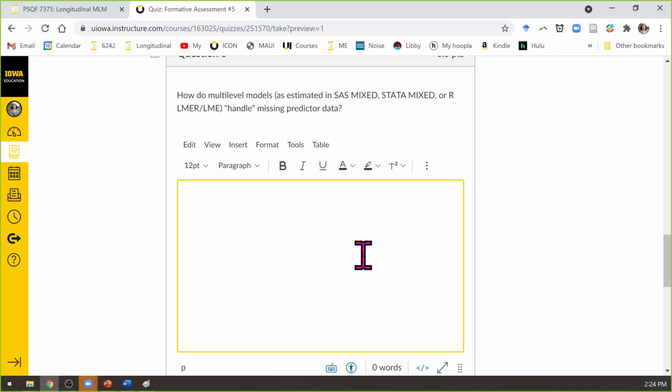So in a traditional multi-level package in which you have a single univariate outcome that is being predicted, in these programs, what happens to missing predictor data? How does the program handle it? Yeah, case-wise deletion. Rows have to be complete.